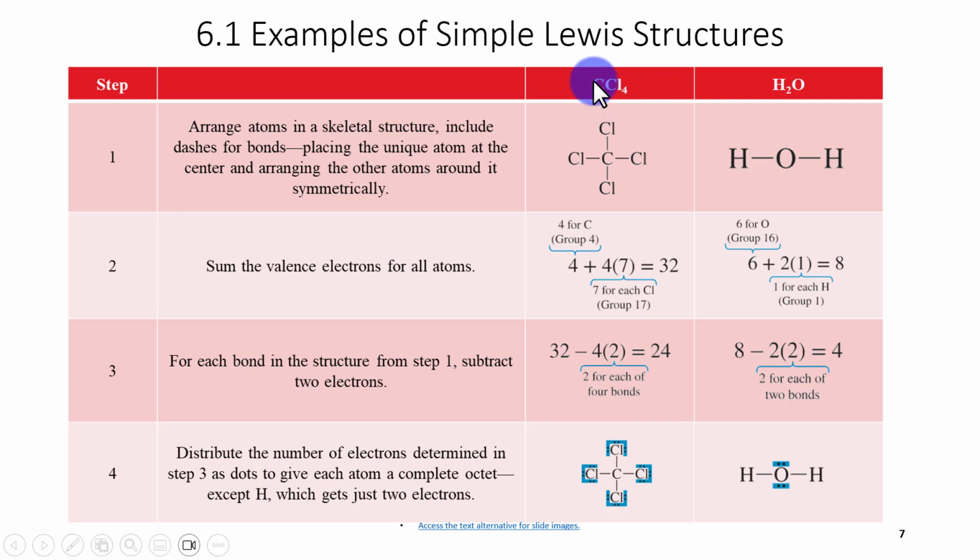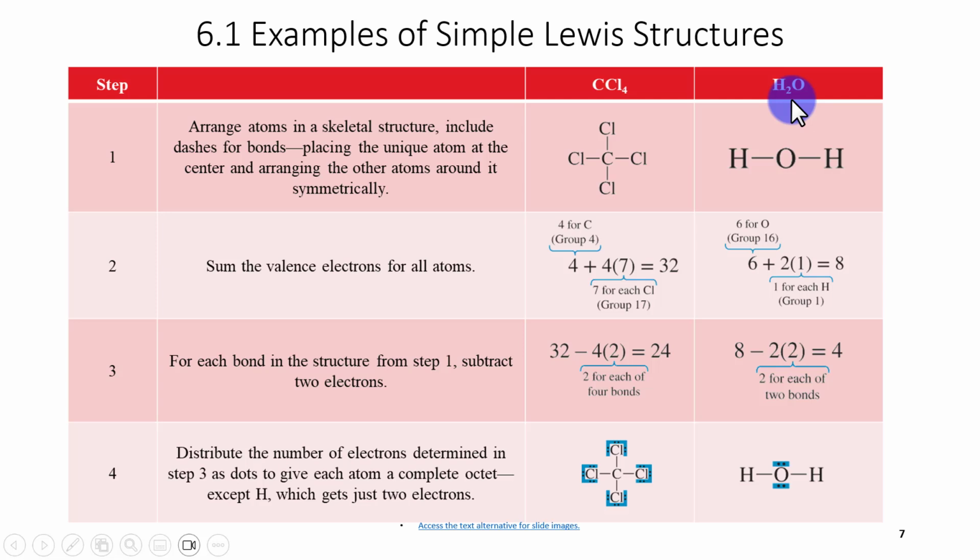That means that carbon is the one I have the least of, and hopefully this will be easy to remember, so that will be my main central atom. So I place that in the middle. And then I distribute the chlorines around my central atom as terminal atoms and draw dashes to tie the central atom to each terminal atom.